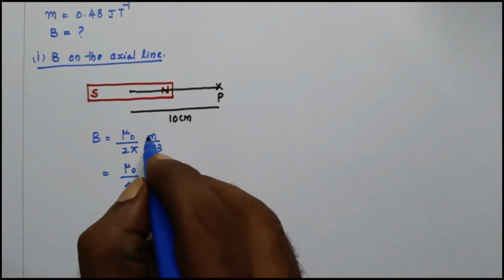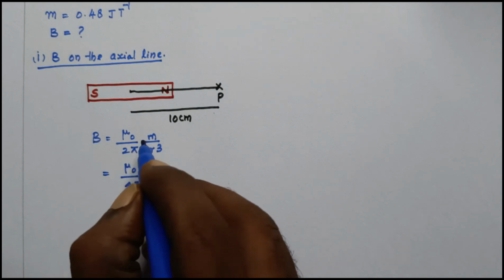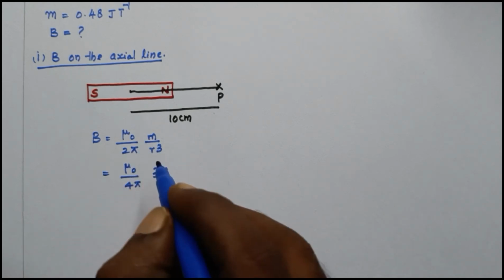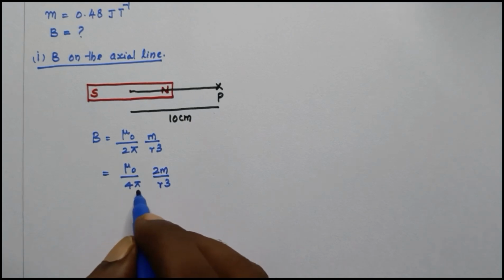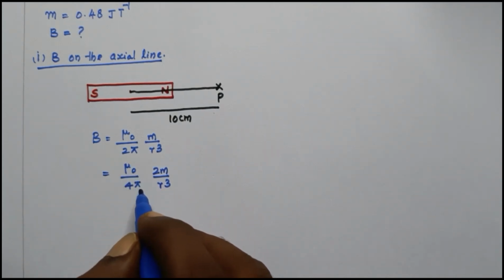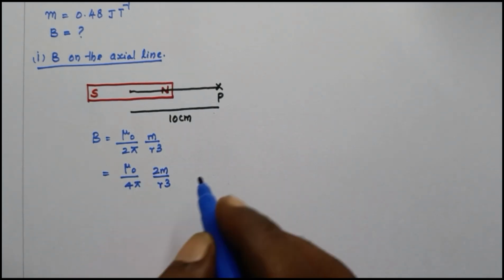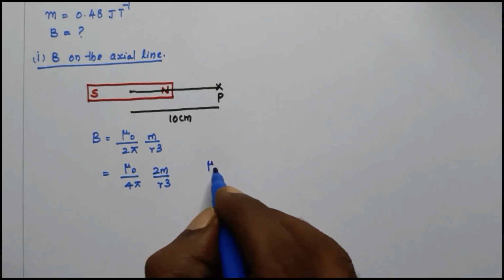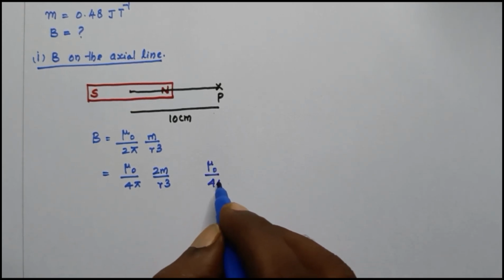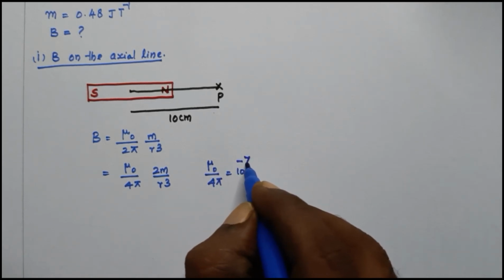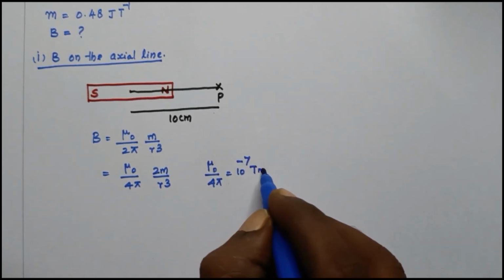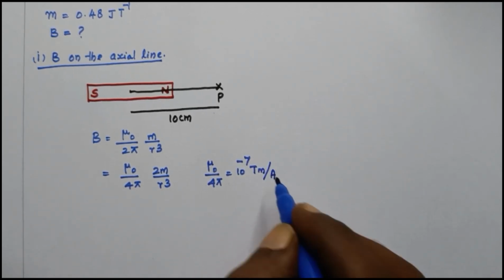We are multiplying the numerator and denominator by 2. If you multiply the numerator, this will become 2m. If you multiply the denominator by 2, we will get 4 pi. We know the value of mu 0 by 4 pi: mu 0 divided by 4 pi is equal to 10 to the power minus 7 Tesla meter per ampere.